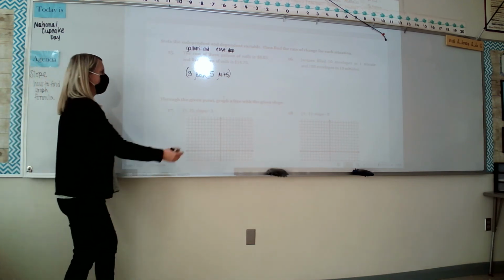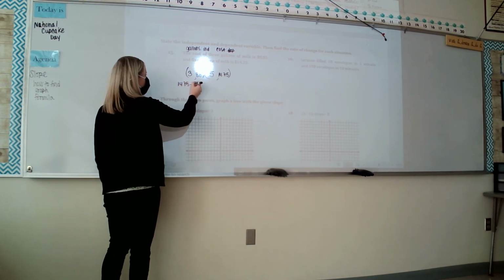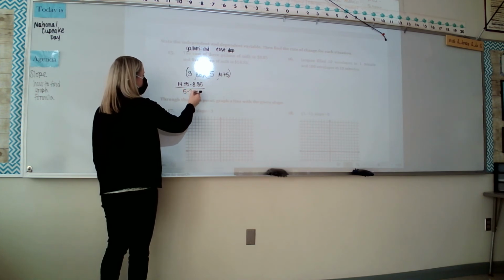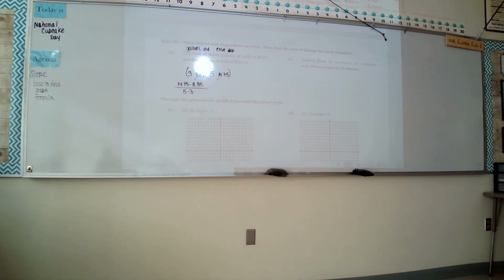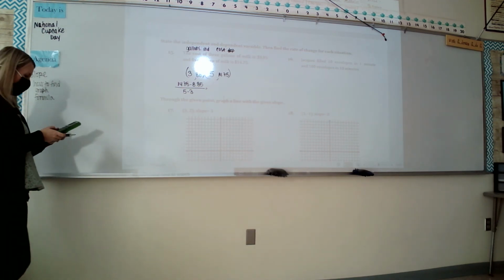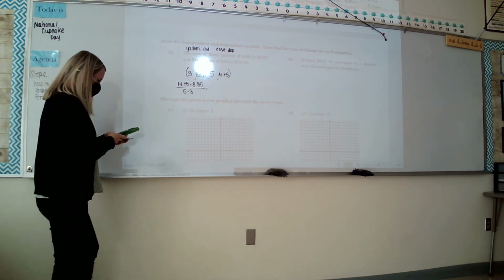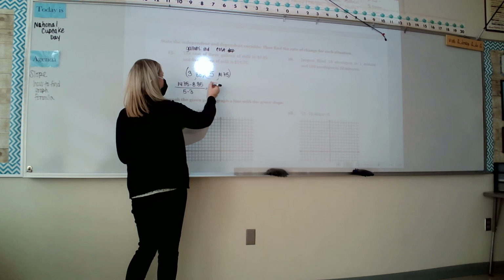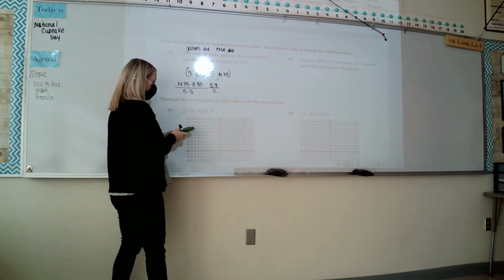So slope would be, I'm gonna need my calculator for this one. I'll find the difference in my Y's over the difference in my X's. I have no clue what that is, so I'm grabbing my calculator. 14.75 minus 8.85 is 5.9 over 2.